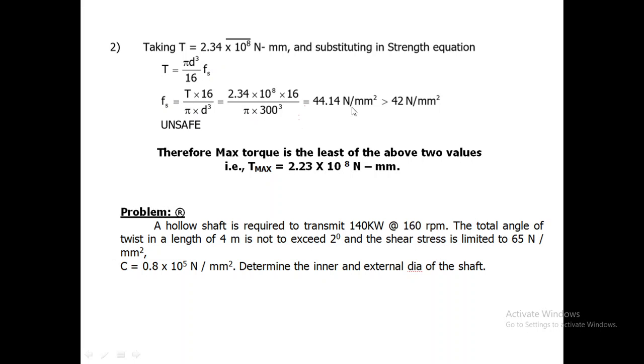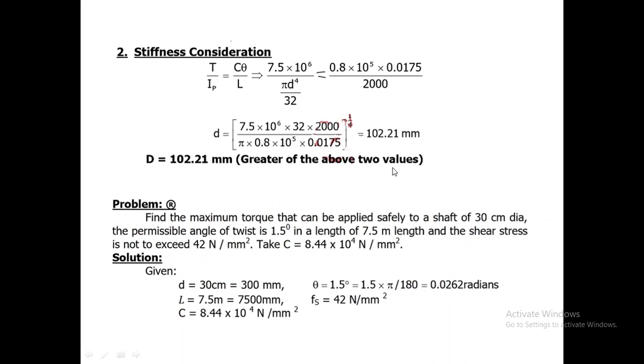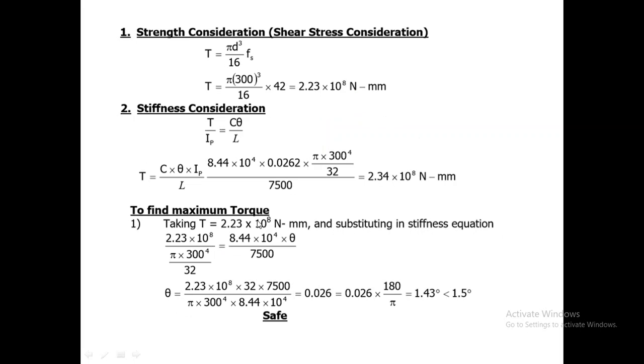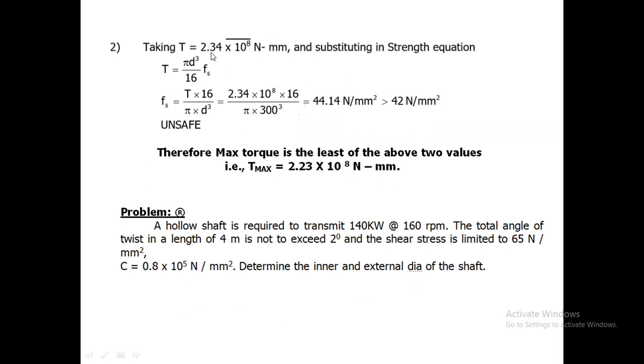You will get 44.14 Newton per millimeter square or megapascal, which is more than the given 42. The shear stress should not exceed 42, so it will be unsafe here.